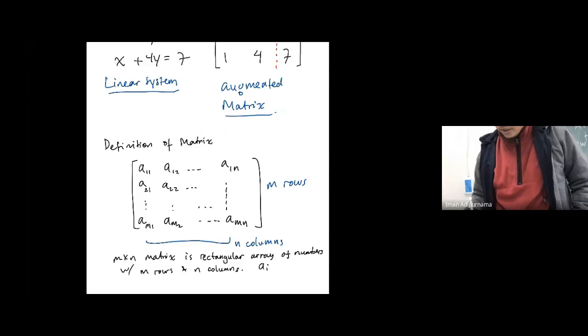So Aij, we say this is the entry of the matrix. The i is the row, the j will be the column.